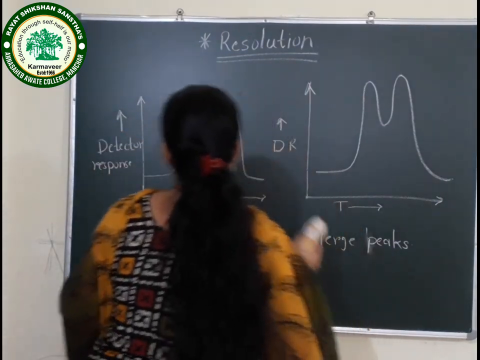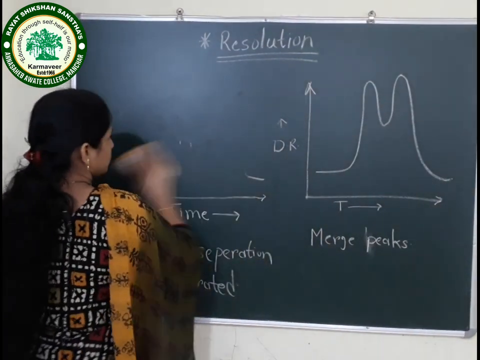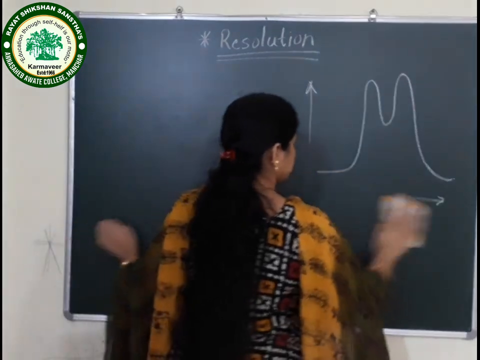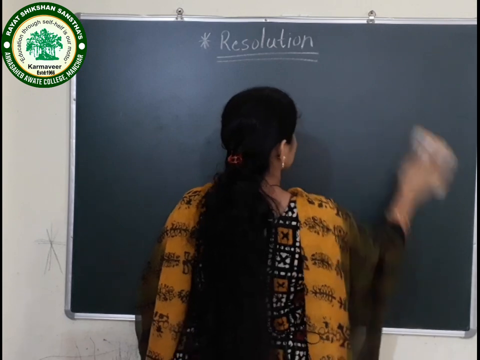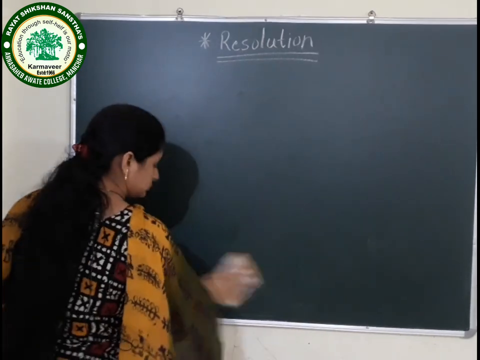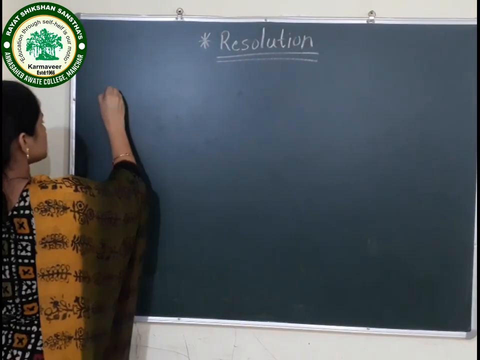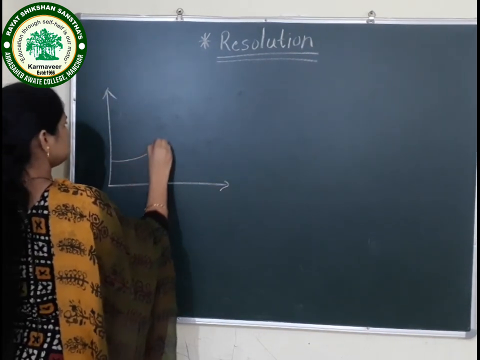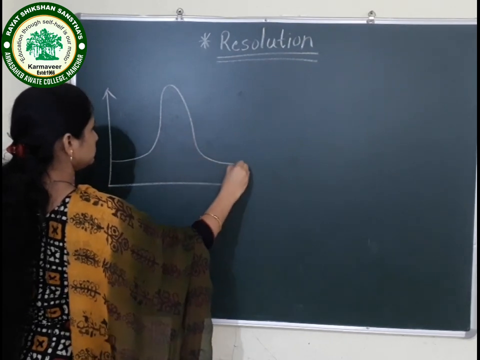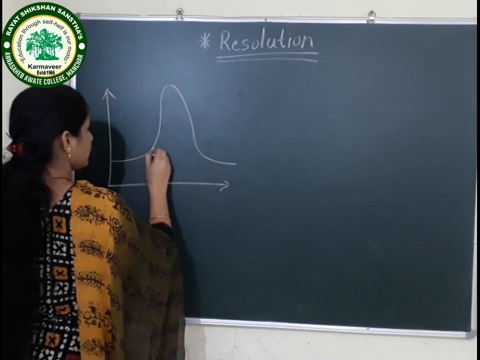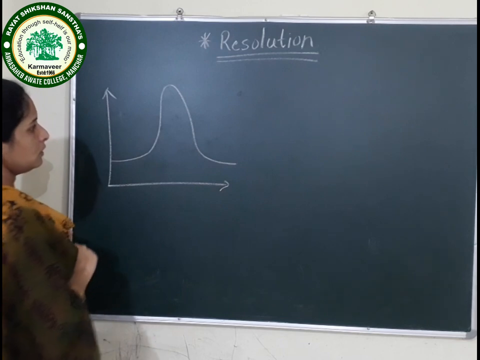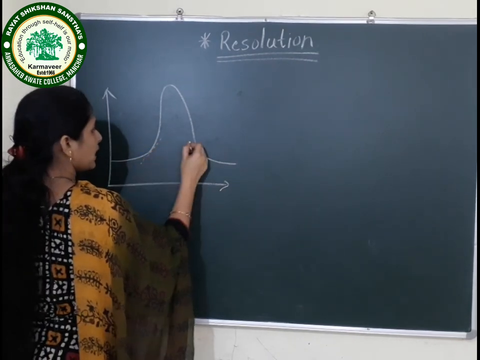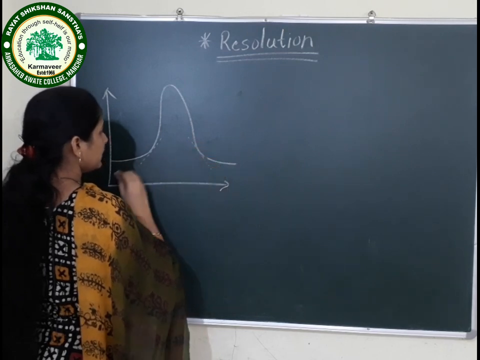Now we will see the one equation for resolution. Firstly, see one graph. If we obtain the peak like this, then we will draw the tangent on this line, as we have studied in the plate theory.